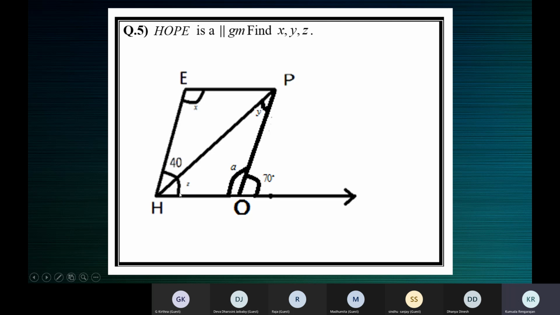One angle is A, and the other is 40 plus Z, which together make angle H. So A plus 40 plus Z is equal to 180. Adjacent angles are supplementary. Ma'am, Z is 30. Yes, 110 plus 40 plus Z, so Z is equal to 30 degrees.